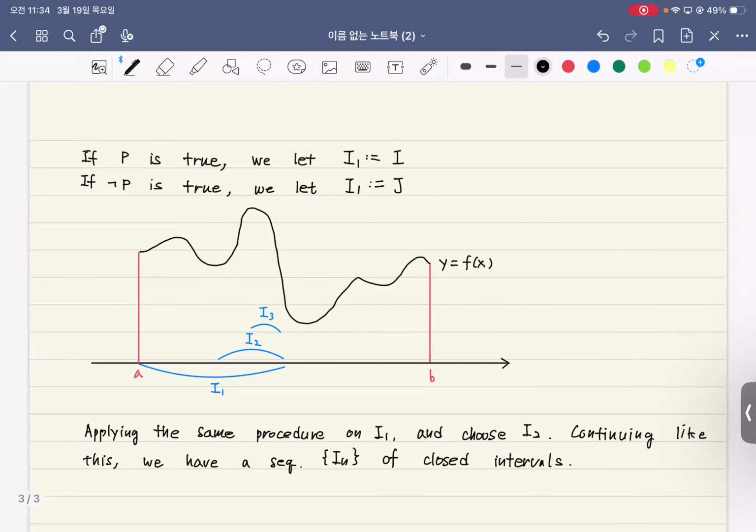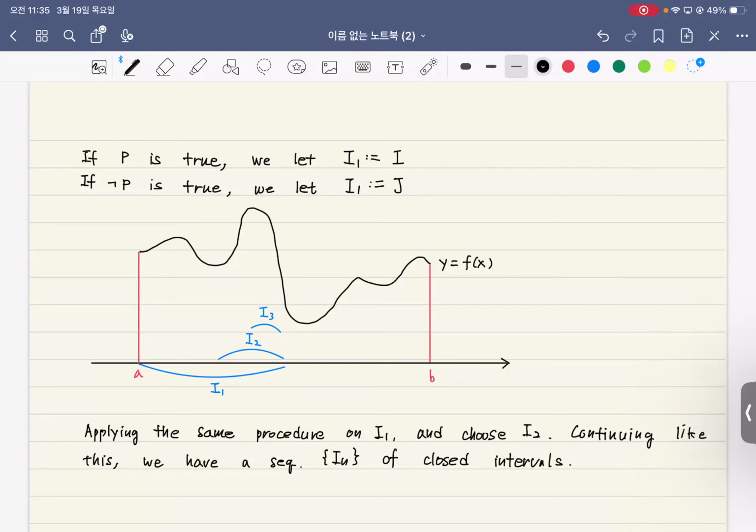Oh, and just one more observation. Suppose that we were able to choose the sequence of closed intervals. This statement must also be true: each interval In always contains the point where f attains its maximum, right?